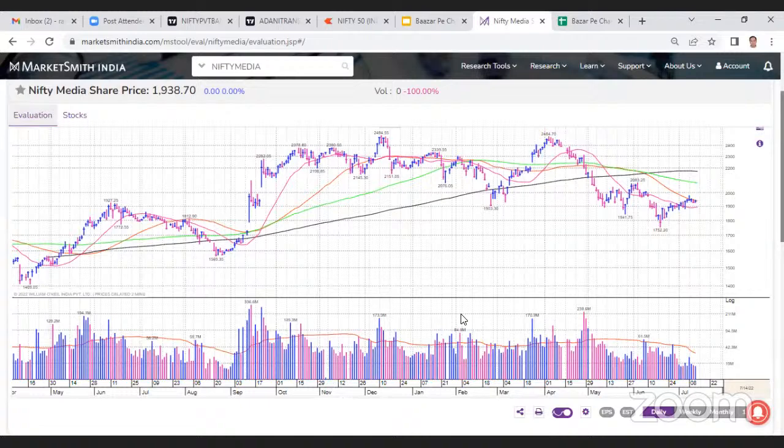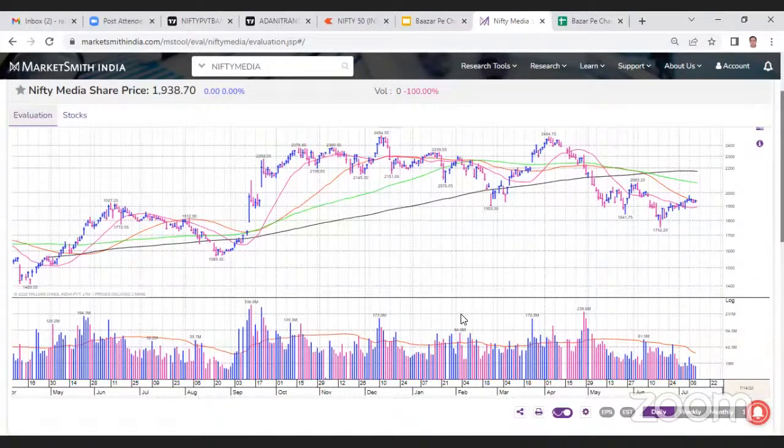And further, if I talk from a moving average perspective, it is already trending below all key moving averages, be it the 200 days exponential moving average, 100-day, 50-day. So it is trending below that. There is a negative crossover also. If I talk from a momentum point of view, momentum is also not that attractive on the weekly and monthly chart.